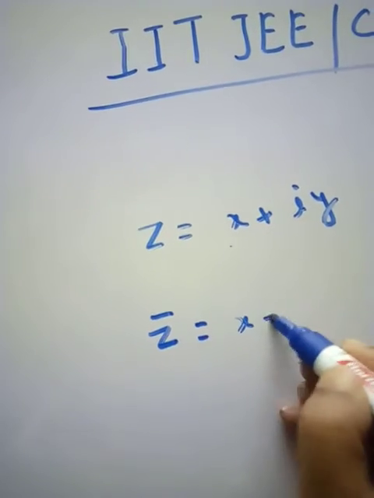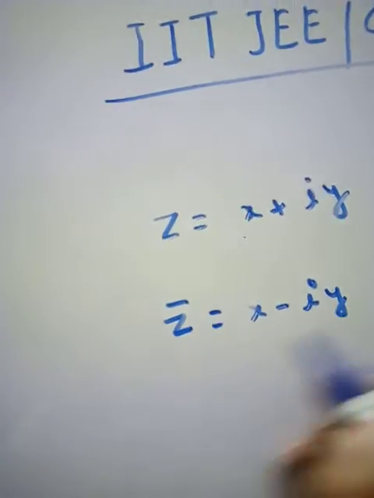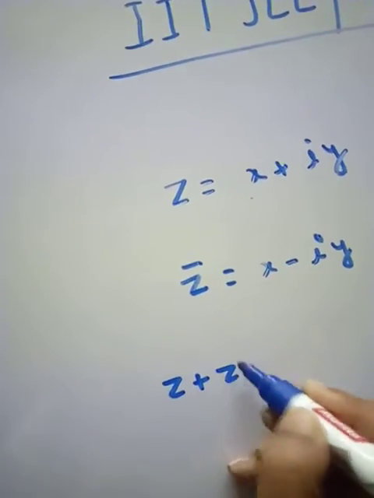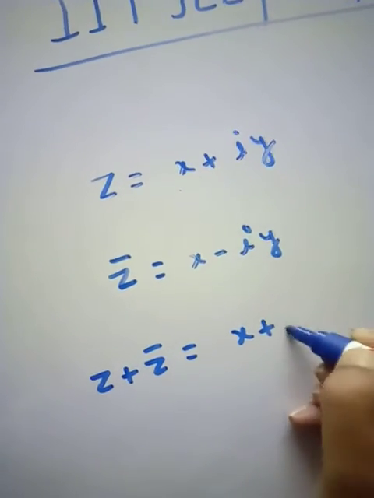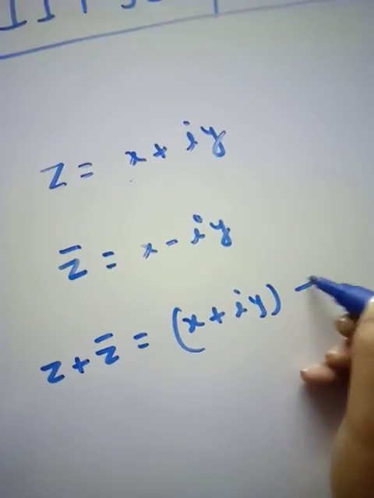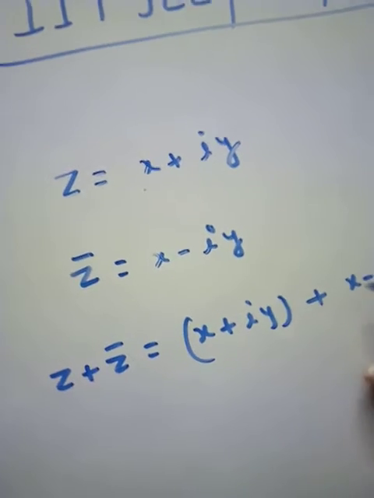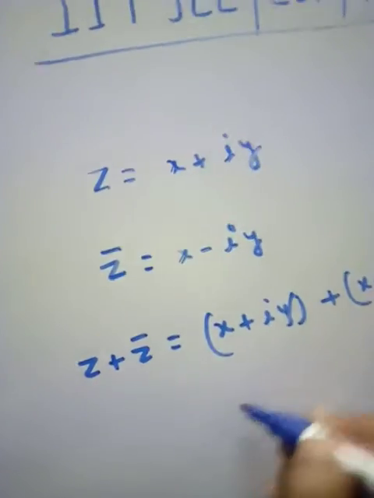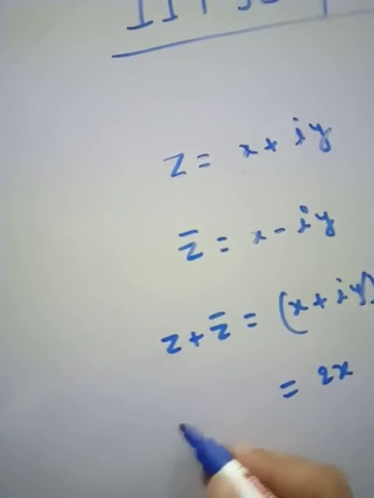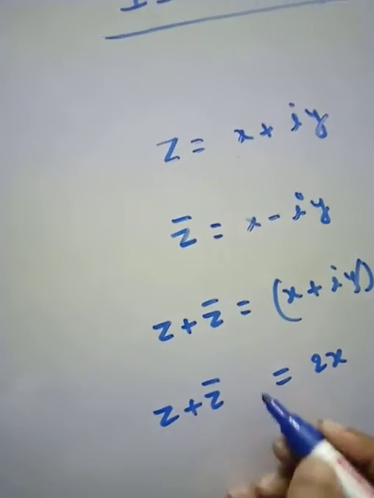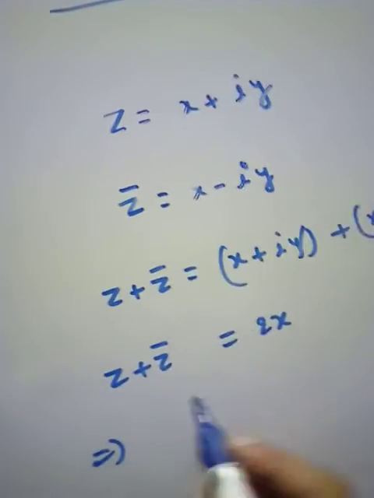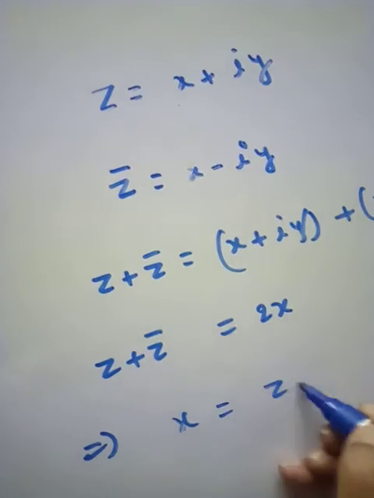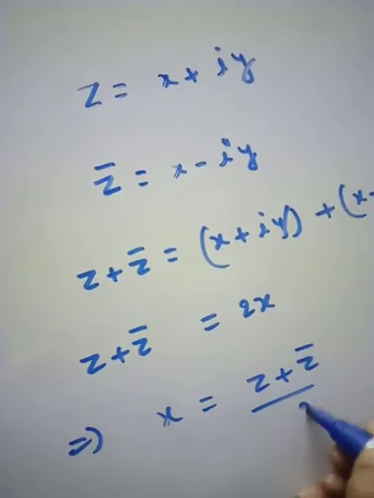So the conjugate will be x minus iy. What is z plus z conjugate? x plus iy plus x minus iy. So this goes, and we got 2x. So z plus z conjugate equals 2x, which means x equals z plus z conjugate divided by 2.